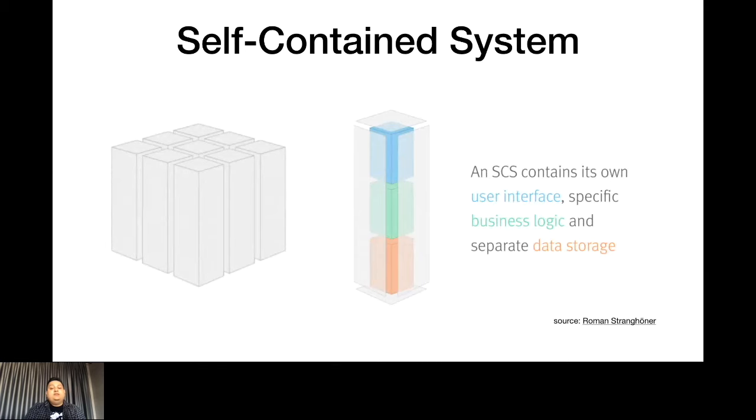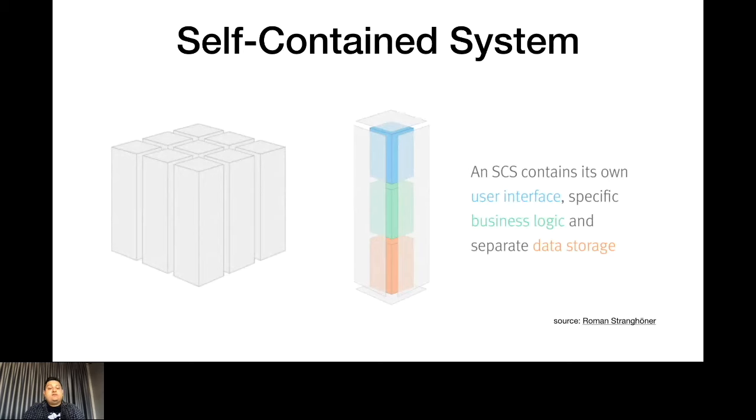The characteristic of self-contained systems is that each system is autonomous. Each is owned probably by one team, but of course there may be some exceptions. Also, an SCS can have an optional API, which is optional because in the best scenario, the UI is our way to go.